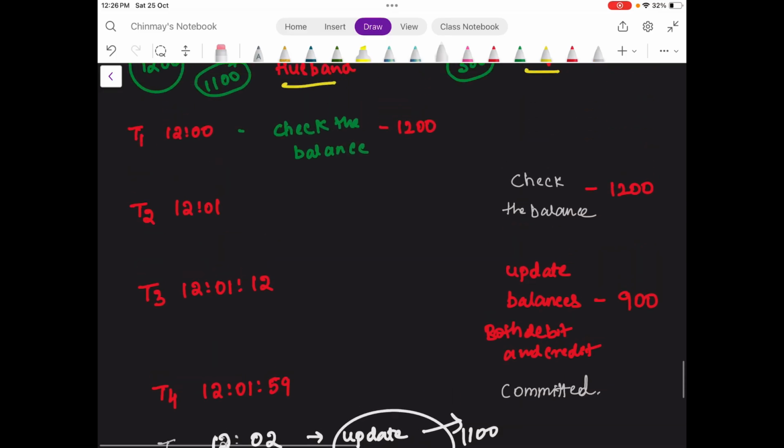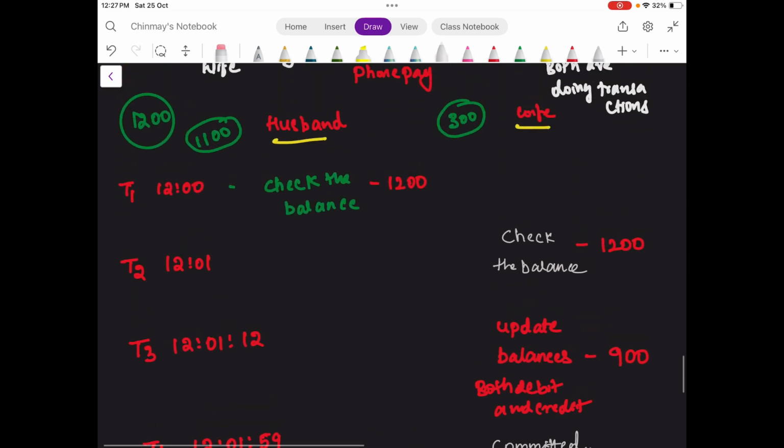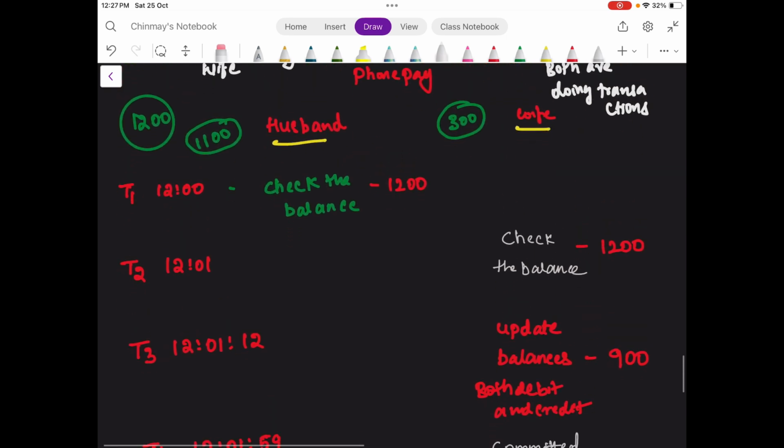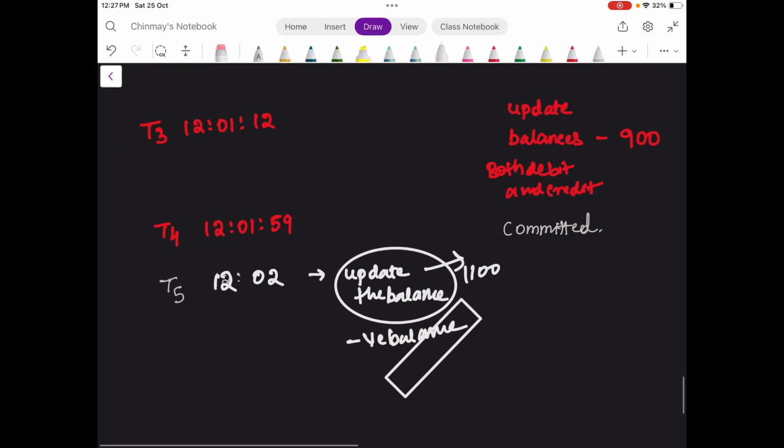At the time of transaction T1, it checks the balance and it's satisfied, right? 1200 is always greater than 1100. When he is going to update the balance, it takes 2 minutes. It's quite natural because outside his internet connection is a little bit slow. In the meanwhile, the wife at home did the transaction of 300, right? So what will happen here?